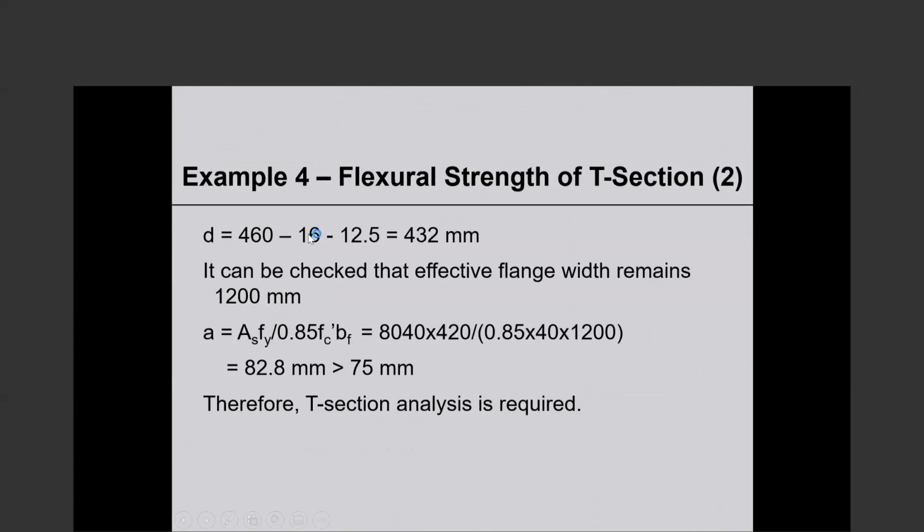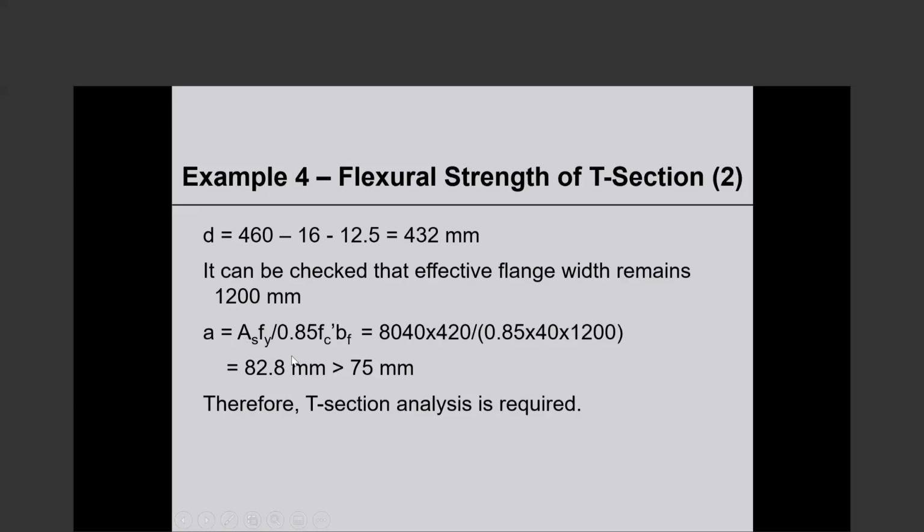We are taking half the gap. That gives us an effective depth of 432 millimeters. It can be checked that effective flange width remains at 1200 millimeters, what we calculated in the last example.